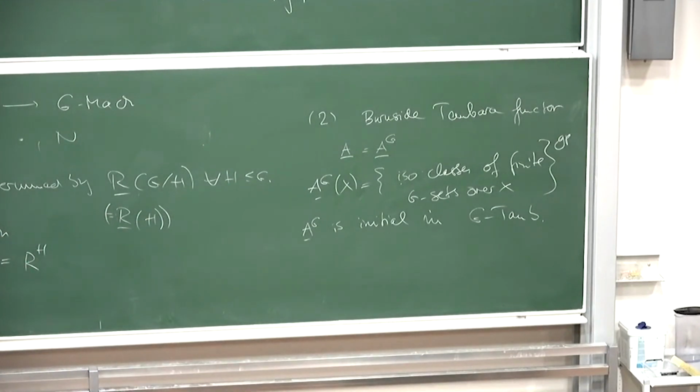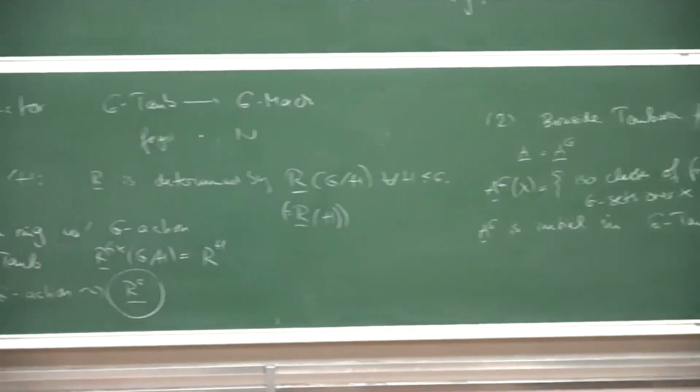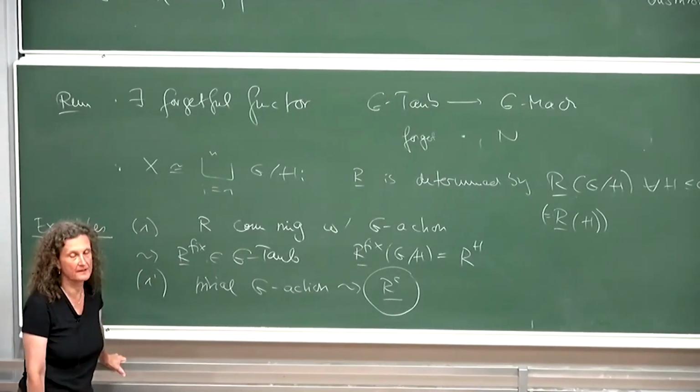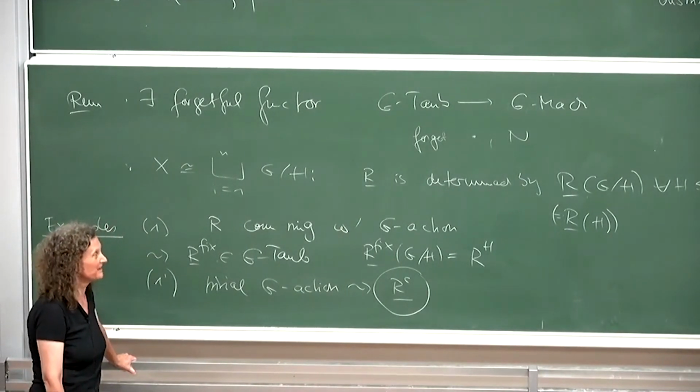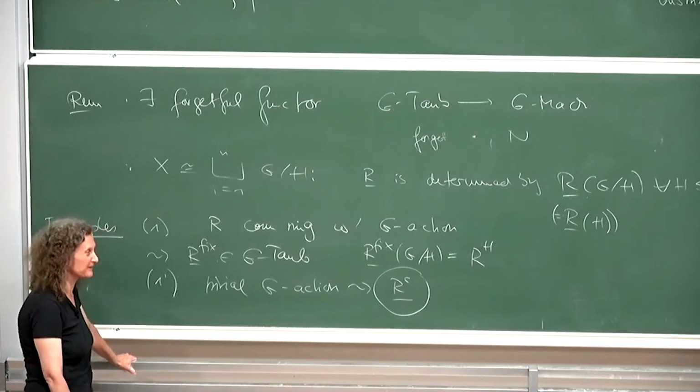So in general, is there any adjunction between maybe G-sets and the Tambara functors? You have tons of free functors, and they're all different. And I decided not to include free functors today.